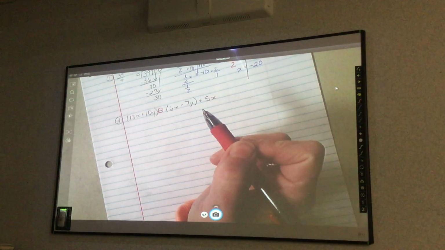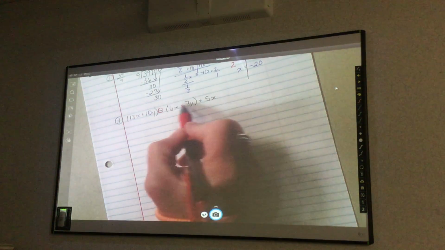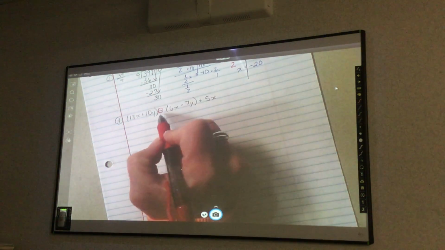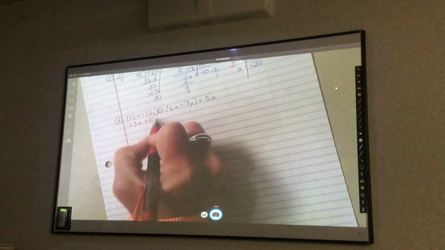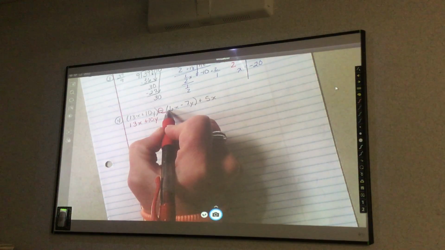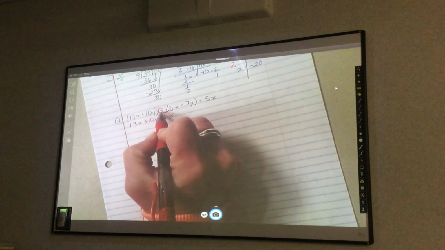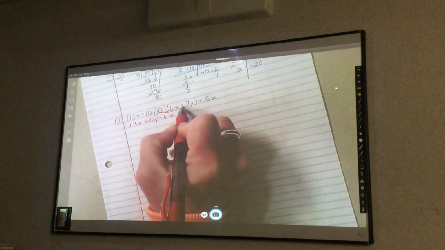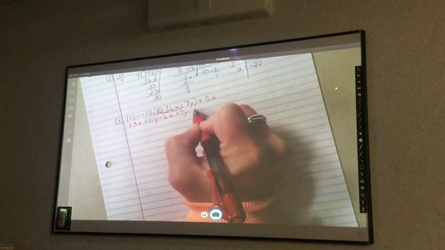Do you guys understand that? So when you're subtracting, because you have a subtraction sign here, I would just rewrite 13x plus 10y, then distribute the negative in front of the positive, so it would be a negative 6x. Then a negative times the negative would be a positive 7y plus 5x.